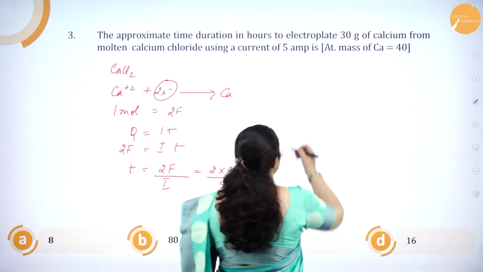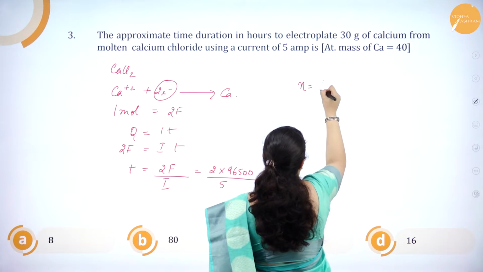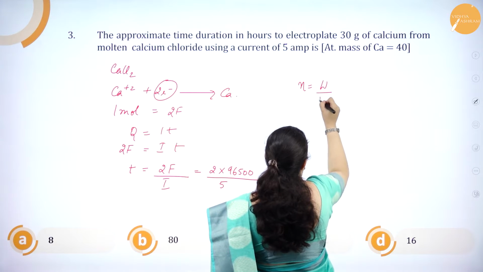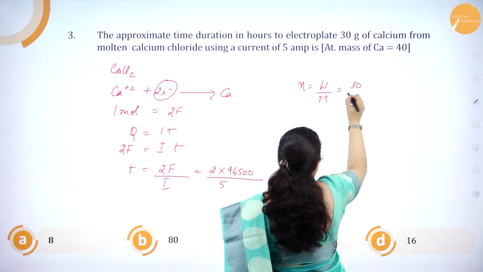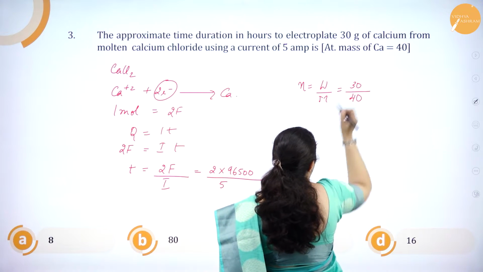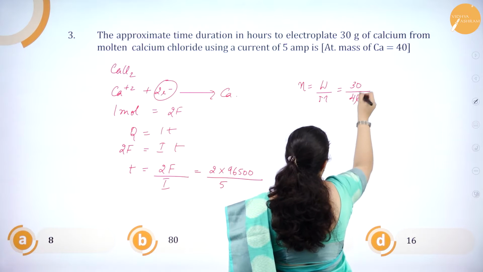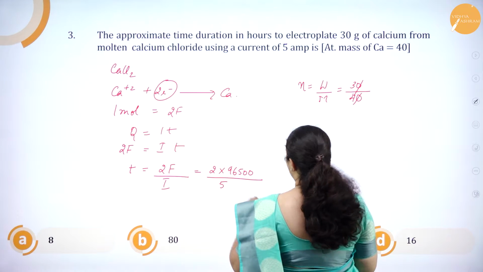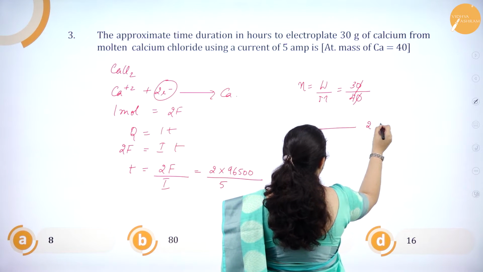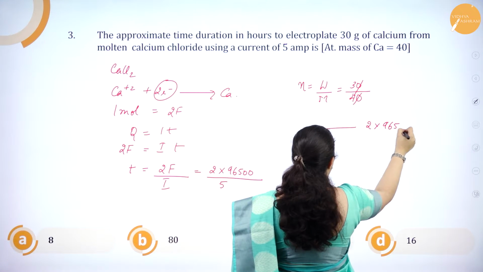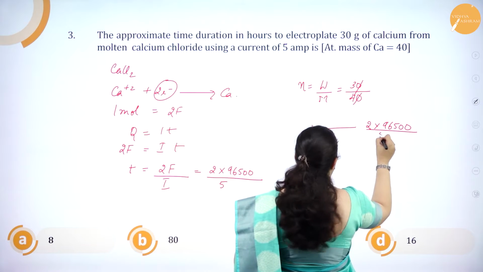That is mass by molecular mass is number of moles. So mass is 30, the atomic mass of calcium is 40. So it is 3 by 4, isn't it? So for 1 mole, the time required is 2 into 96,500 divided by 5.